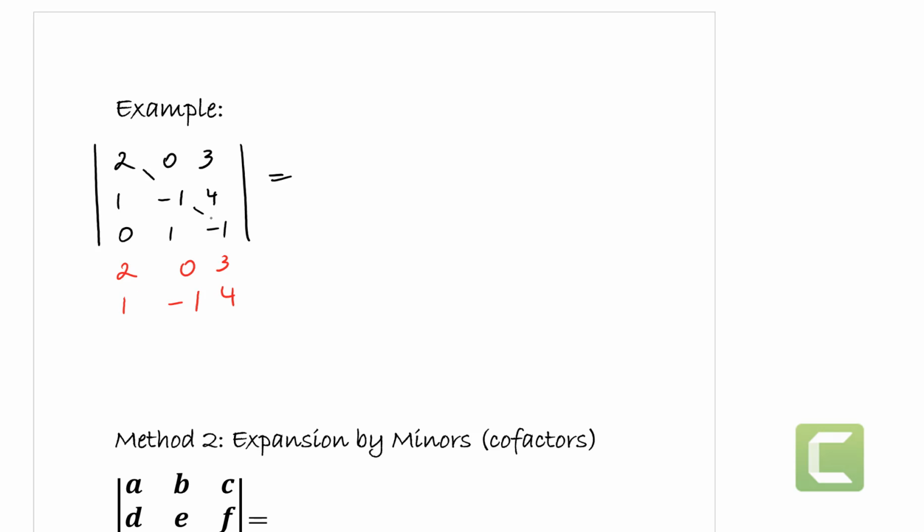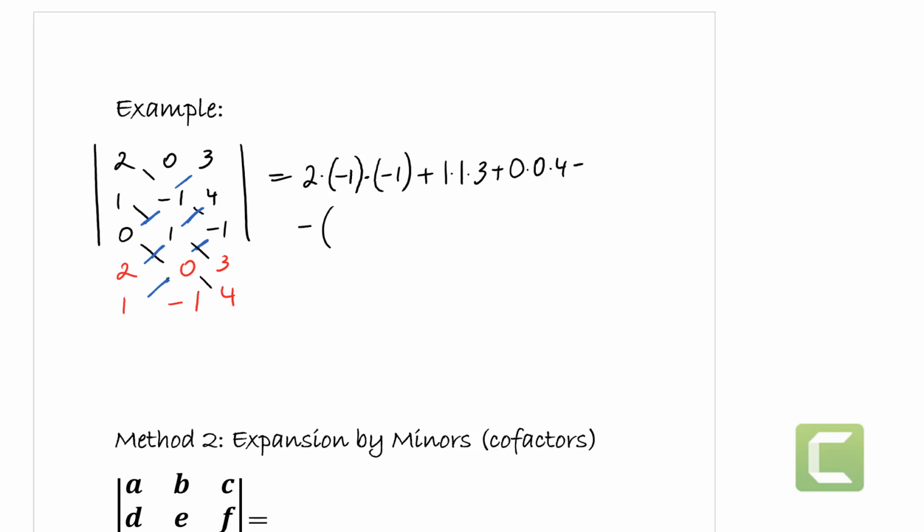And now, it's the main diagonal, 2 times negative 1 times negative 1, plus, and then parallel to it, 1 times 1 times 3, plus 0 times 0 times 4, minus, and let's get the other terms, 3 negative 1, 0, and parallel to it. So 3 times negative 1 times 0 plus 4 times 1 times 2 plus negative 1 times 0 times 1.